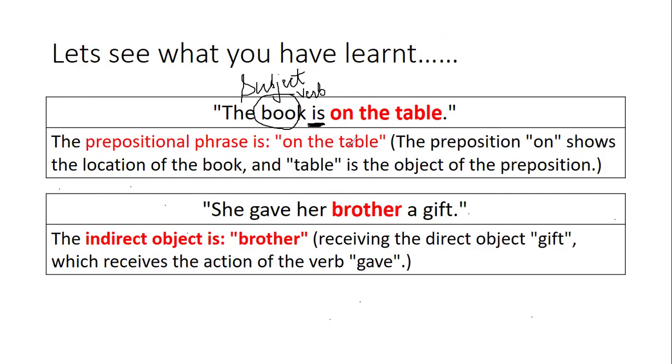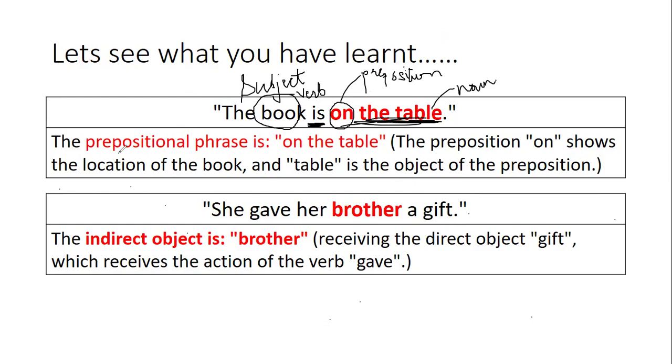Whether it is under the table, above the table, below the table, or on the table, on is our preposition. What is the noun in this prepositional phrase? Table. Table is a noun. So on the table is our prepositional phrase.